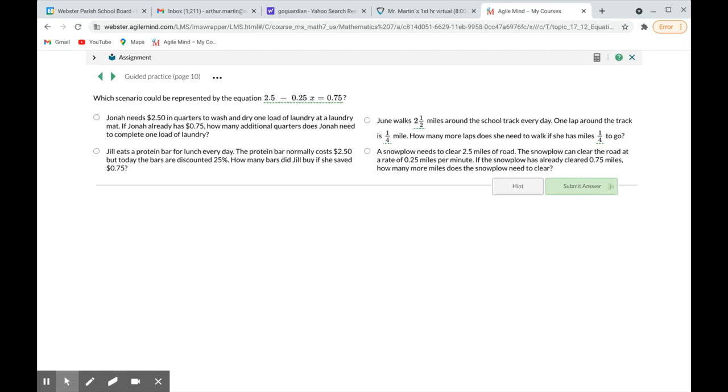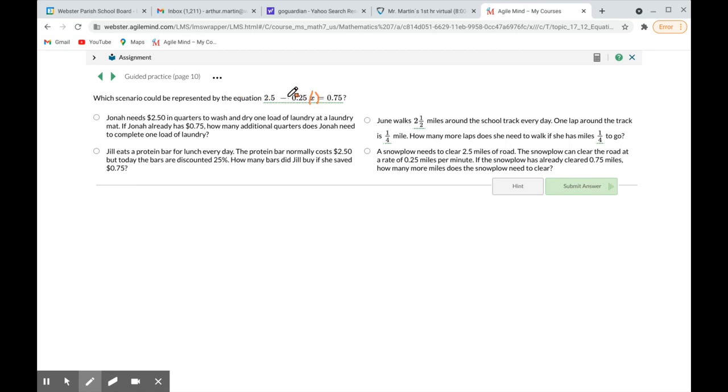So you would multiply 0.25 by... or now you would subtract 2.5 to 0.25. All right. So right here, this is negative 0.25 times x. And it says which scenario could be represented by the equation.